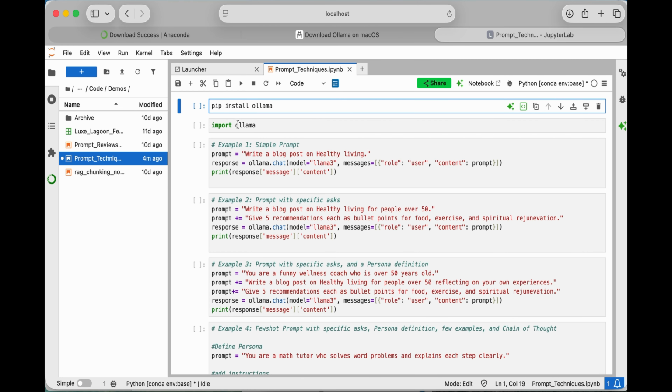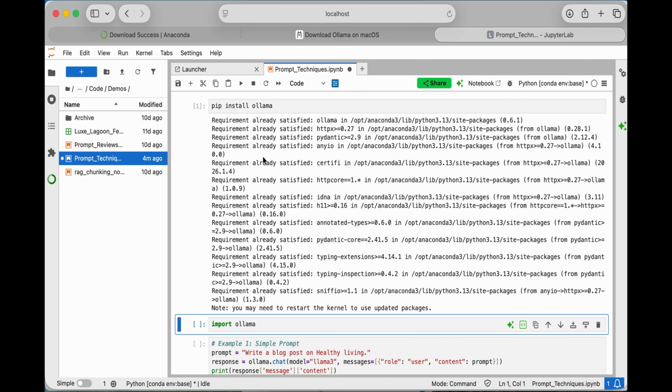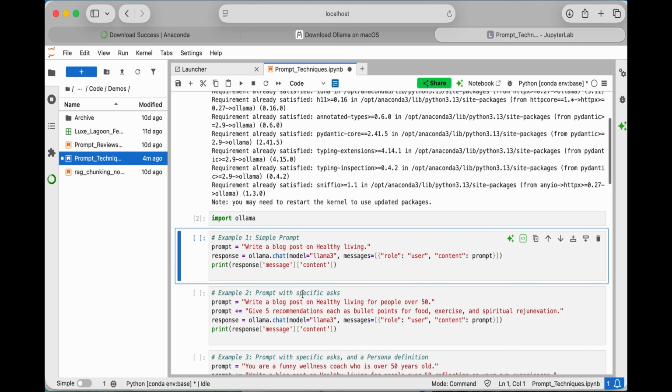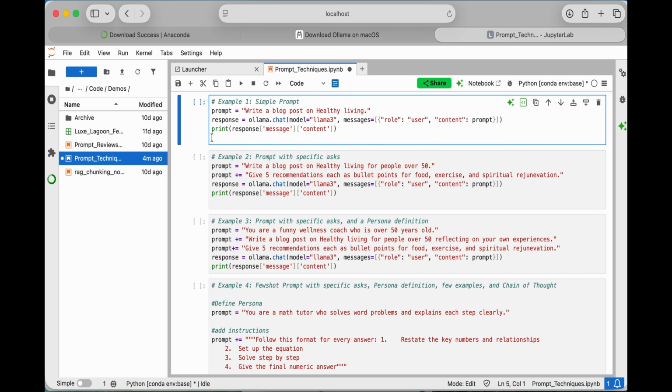And as a first step, we will install Ollama client libraries for interacting with the Ollama model that is locally running on my machine. And you can make an inference call against the locally hosted endpoint using this API ollama.chat. You can pass the Llama 3 model name and the prompt that you want to run against this endpoint.